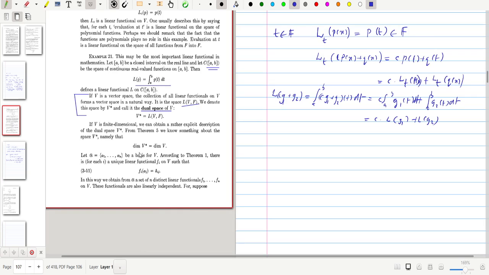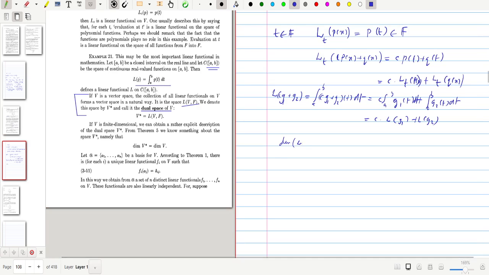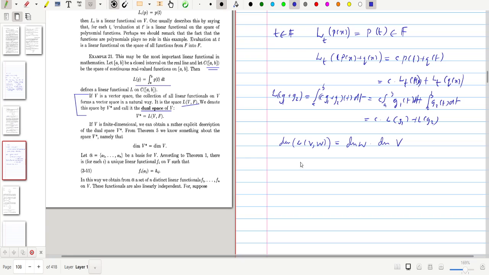Now we can easily see that the dimension of V star is the same as the dimension of V, because we have proved that the dimension of L(V,W) is the dimension of W times the dimension of V. We have already defined the basis vectors for L(V,W), say E_pq, where E_pq of alpha_j is defined as follows.